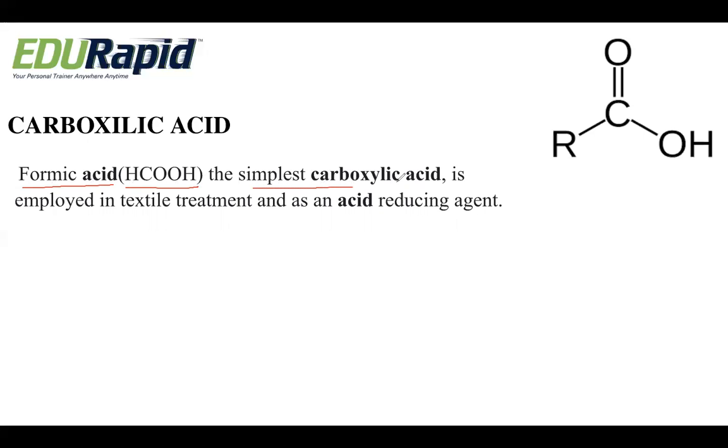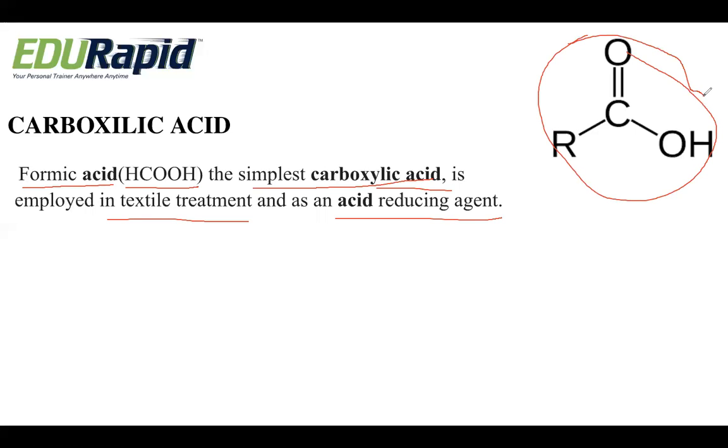The simplest carboxylic acid is employed in textile treatment and as an acid reducing agent. So formic acid is used in the textile industry for textile treatment, and also as an acid reducing agent. So what is the functional group? At the right side you can see COOH. So that is the functional group of carboxylic acid. The simplest form of carboxylic acid is formic acid, that is HCOOH.